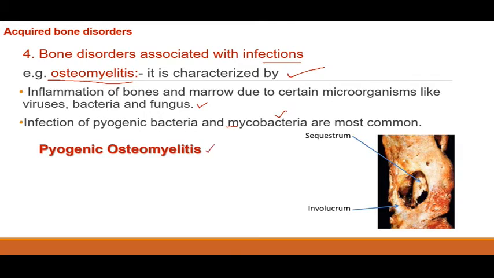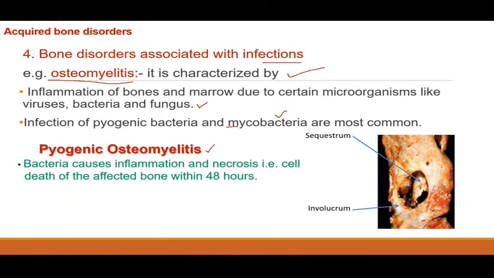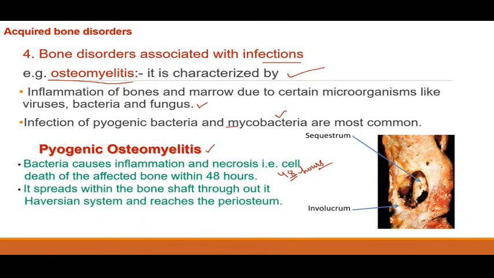The symptoms of this disease are that bacterial infections cause inflammation and necrosis, that means cell death, of the affected bone within 48 hours, which spreads within the bone shaft throughout its Haversian system and reaches the periosteum.